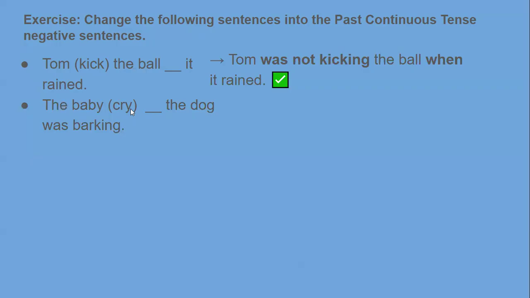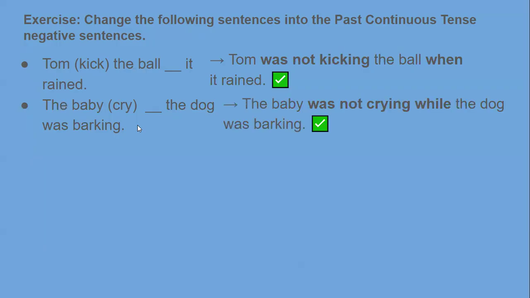But then the second action you can see here, it is in the past continuous tense. So it means the two actions were happening at the same time. So we have to use while. The correct sentence is, the baby was not crying while the dog was barking.